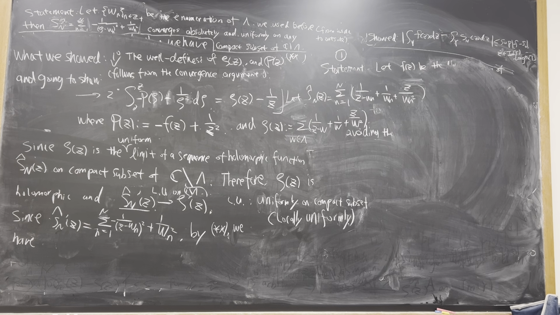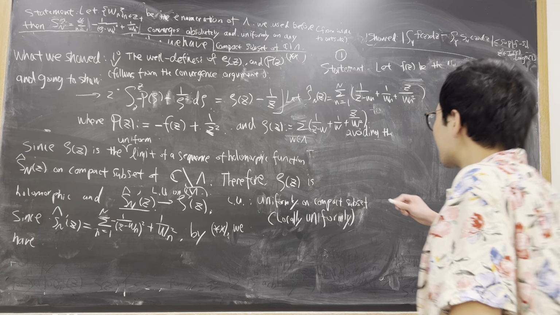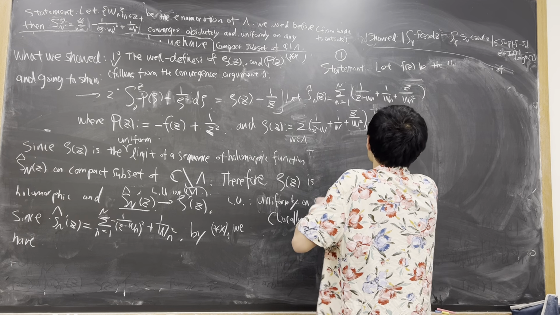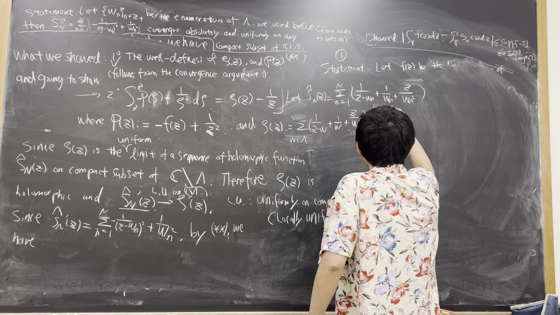I think this zeta z should start with 1 over z, right? So it's not just the partial sums, not just the sum term, right? So this zeta z is this one plus 1 over z. Okay. So I forgot one part, right?